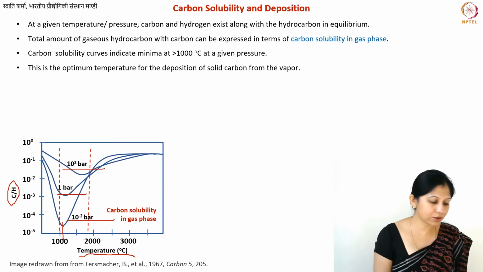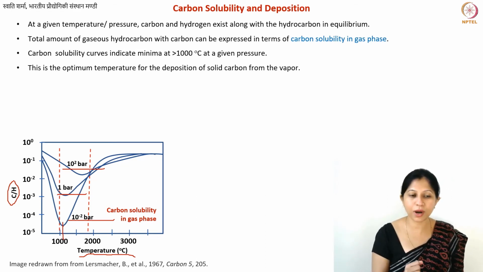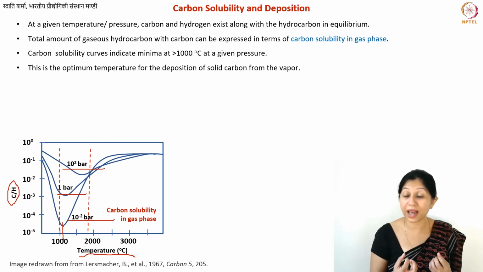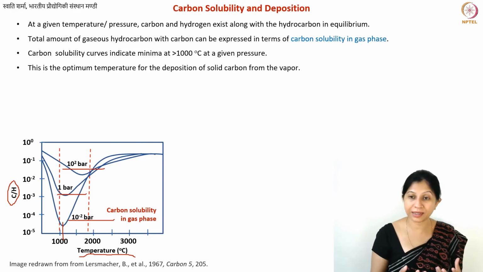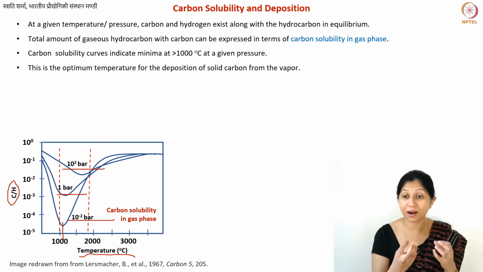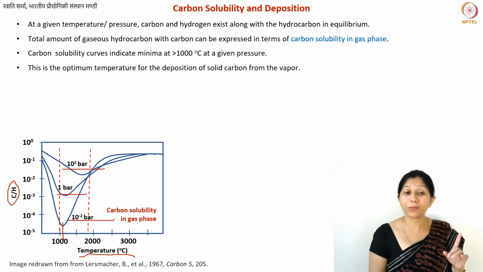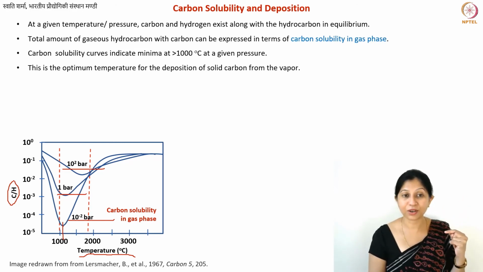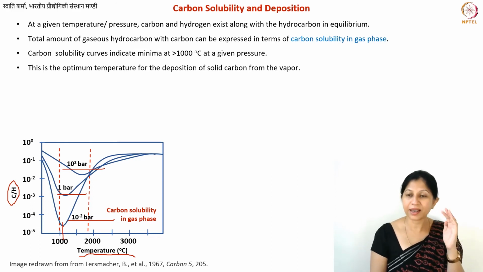When we are performing pyrolysis, we want to start collecting our carbon as soon as possible. If we want to do it at lower temperatures, let's say 800 or 700 degrees, we already want to start collecting the carbon. What we can do is keep reducing the pressure. At 10⁻² it is already 1100.